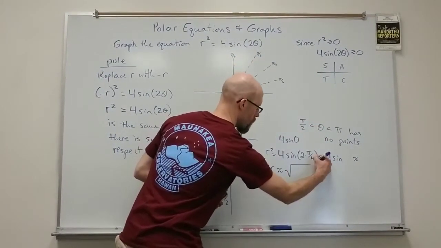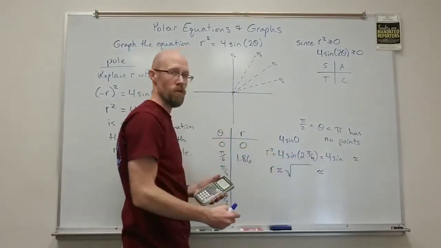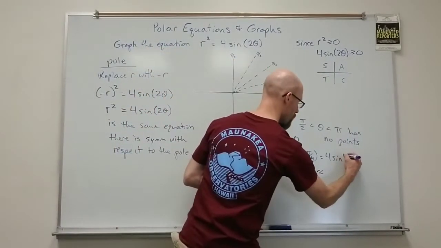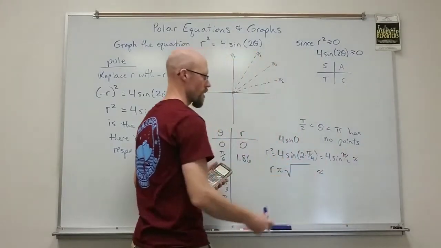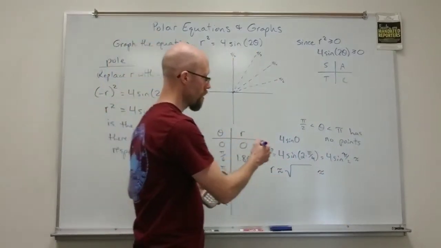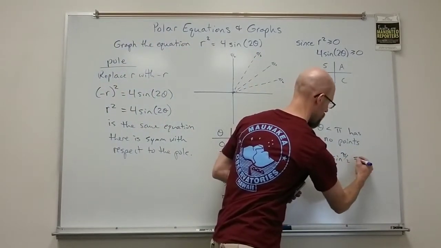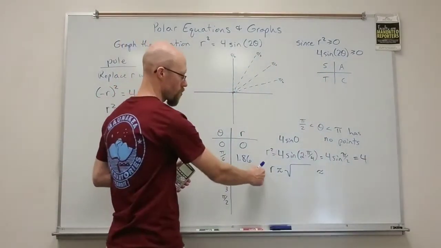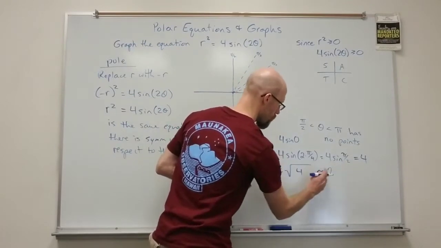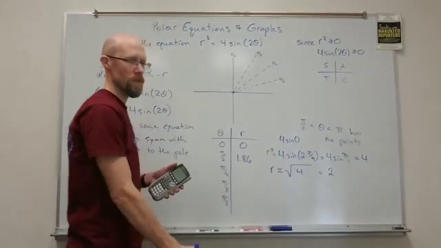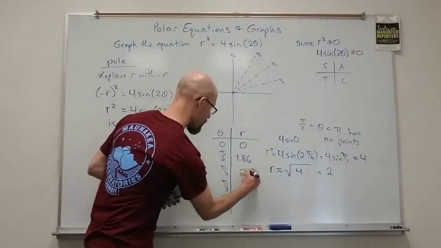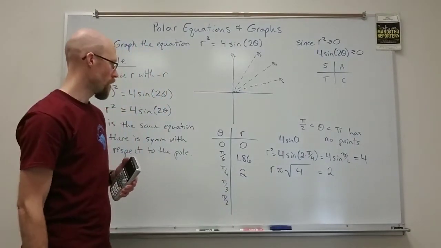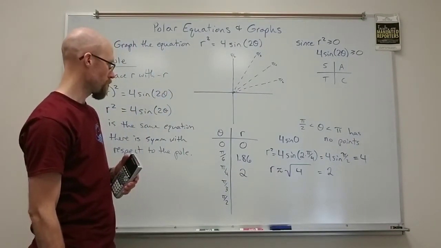So if I plug in pi over 4, 2 times pi over 4 is pi over 2. Well, the sine of pi over 2 is 1. So that's not approximate anymore, that's just 4 times 1. But again, we're taking the square root of that 4, and that gives us 2. Again, not approximately, it's equal to 2. So we have a radius of 2 for pi over 4.